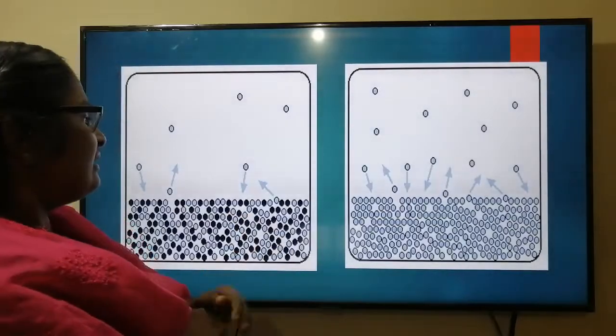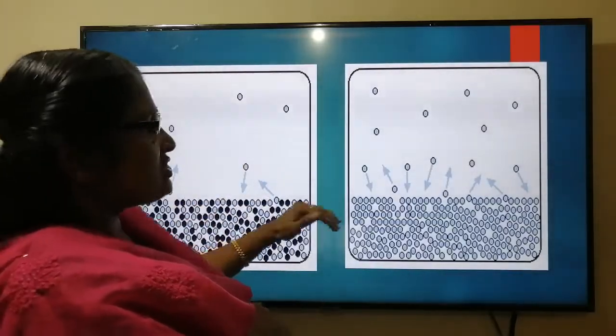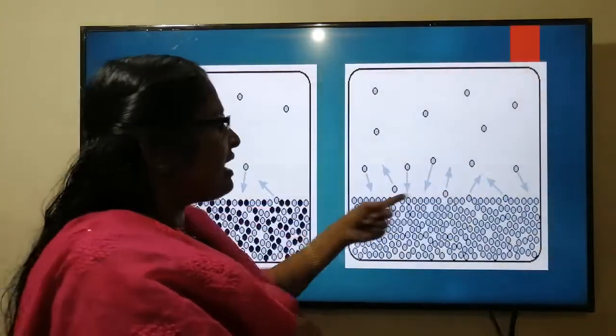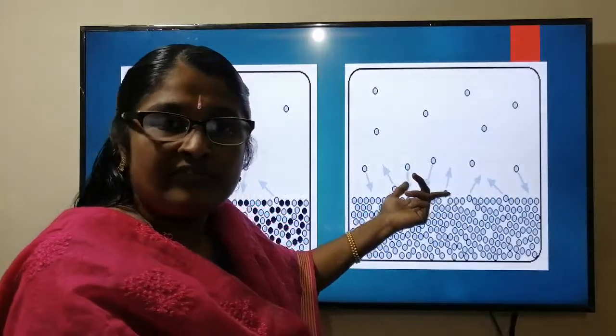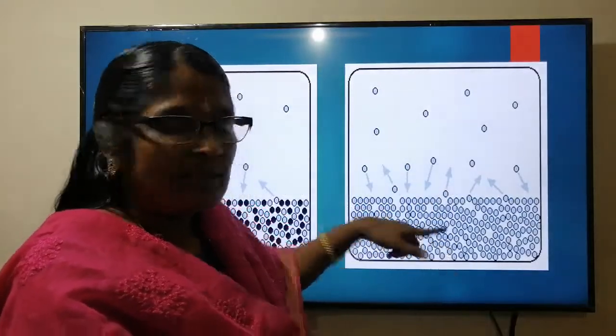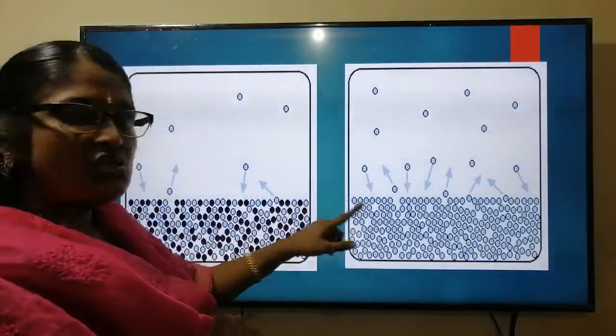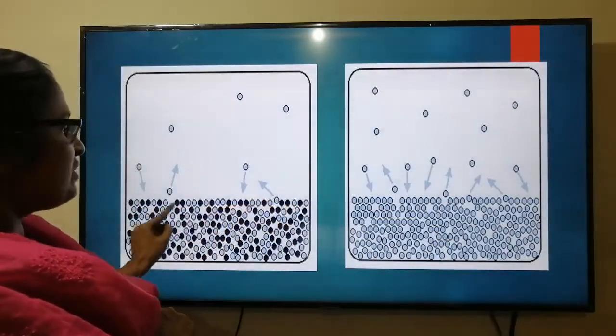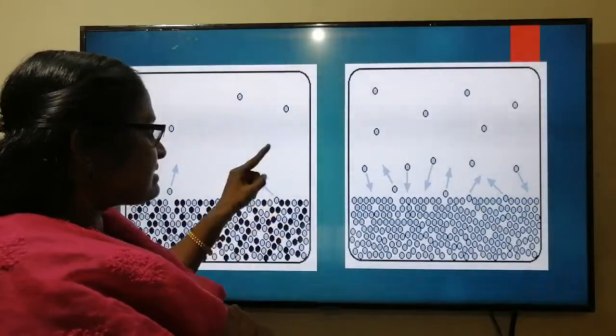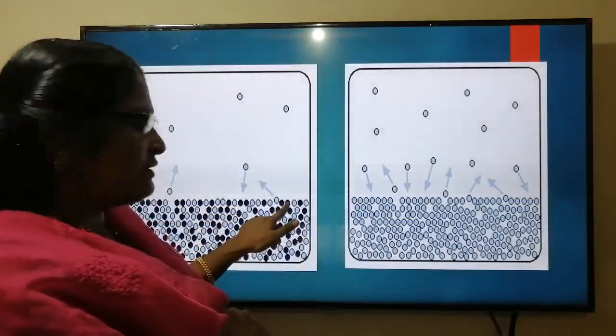We know that evaporation takes place from the surface. Only the particles occupying the surface have the privilege to go to the vapor phase at that temperature. So in this case, the number of water particles at the surface is less because some places have been occupied by the solute.